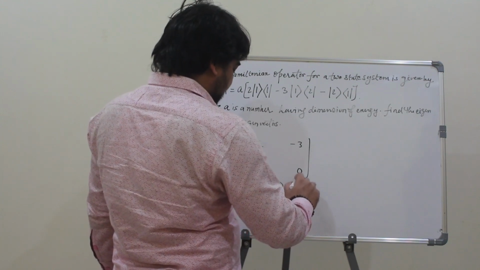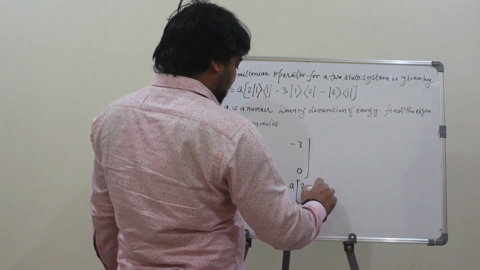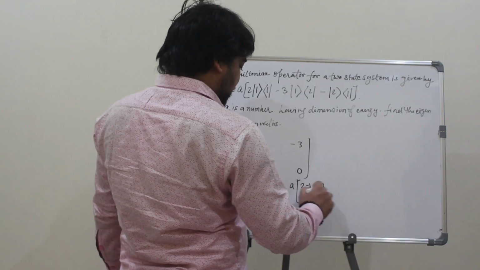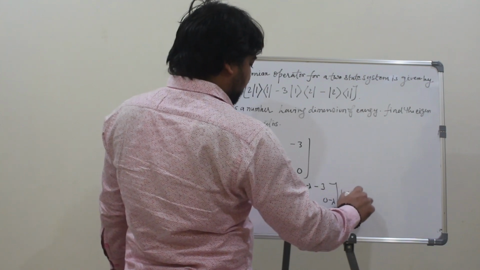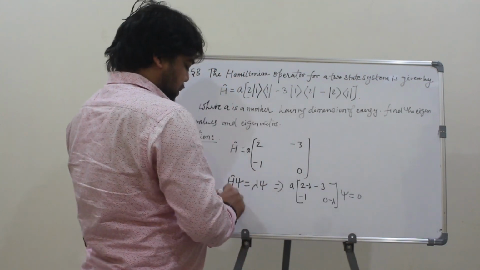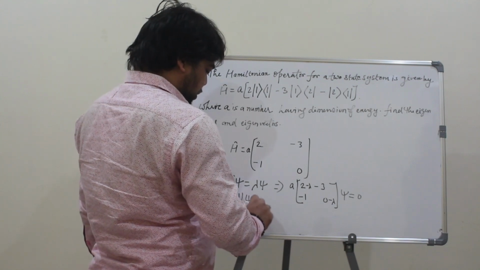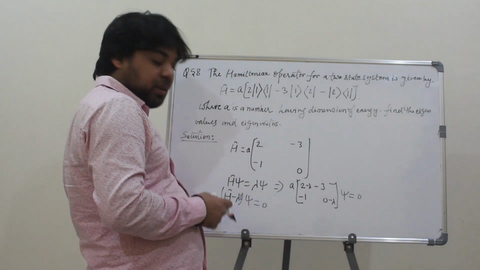So H, which is this matrix, gives you H minus lambda I times psi equals 0, where I is the identity matrix and lambda is a scalar.